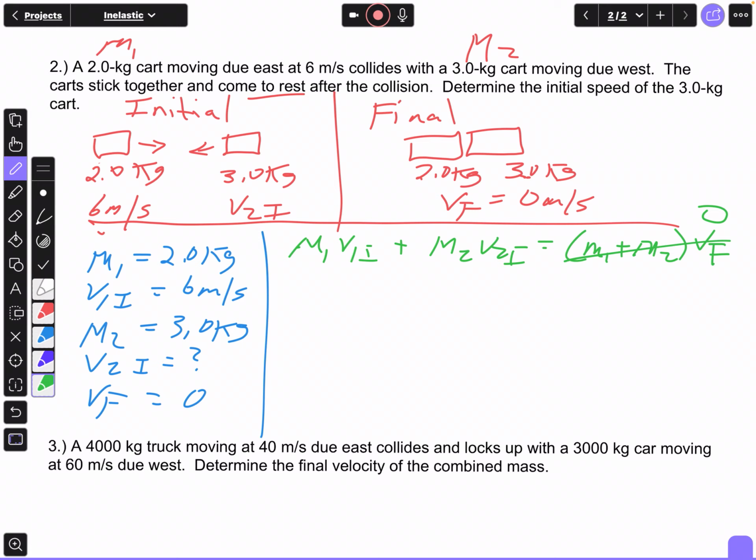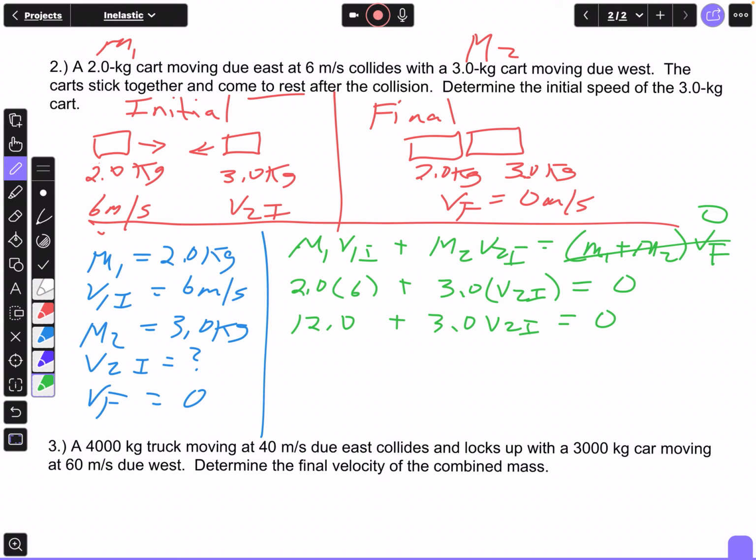So now when I plug in my numbers for M1, 2.0 times V1I, which is 6, plus M2, which is 3.0. I'm looking for V2I, that's my unknown. And all that on the right side of the equation is going to equal 0. So then when I plug this in, 2.0 times 6 is going to be 12.0, plus 3.0 times V2I equals 0.